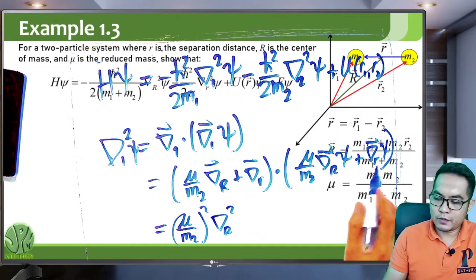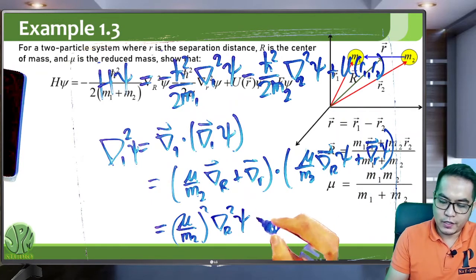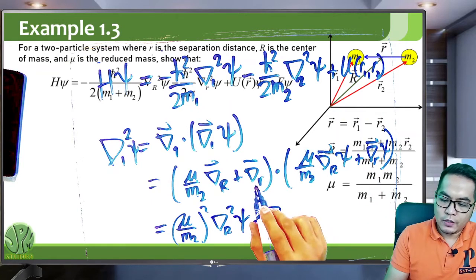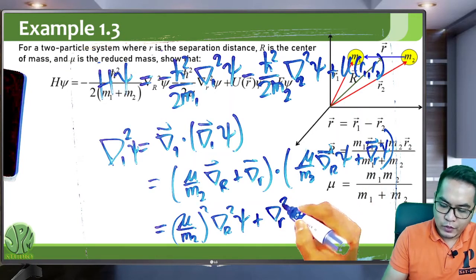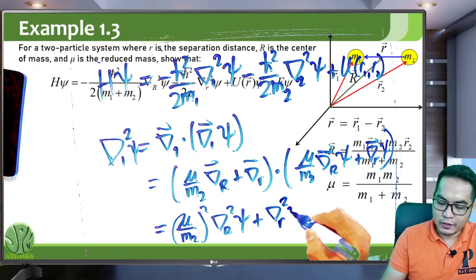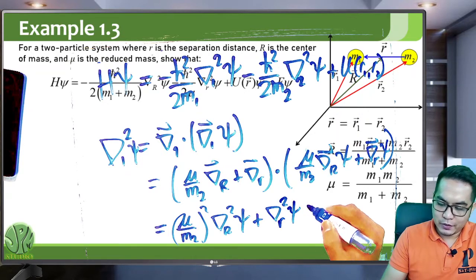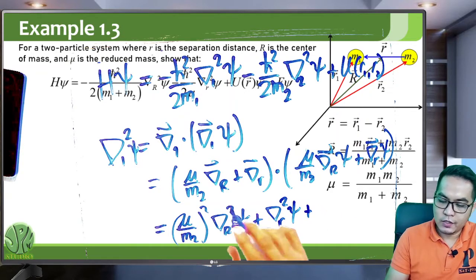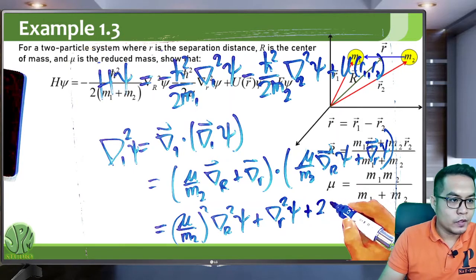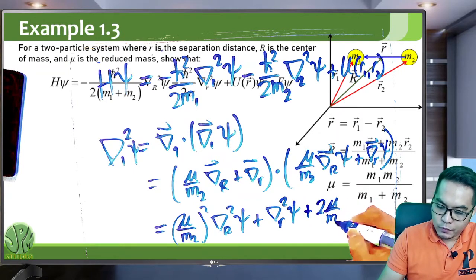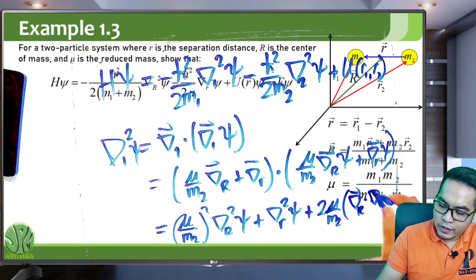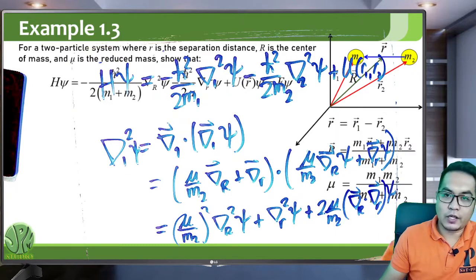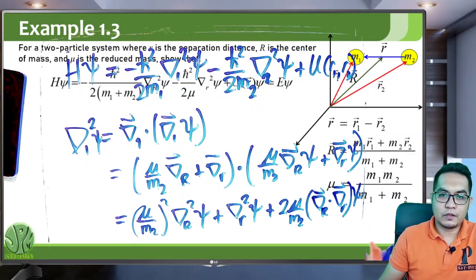And then the second term, you have del of small r, that del of small r will give you the Laplacian, del r squared, acting on psi. And then the middle term, so plus 2 mu over m2, del of capital R dot del of small r acting on psi. That one.